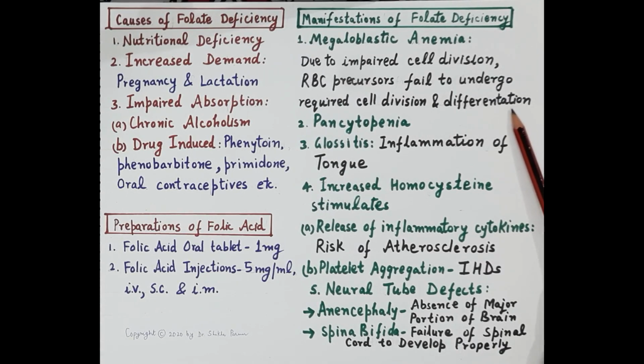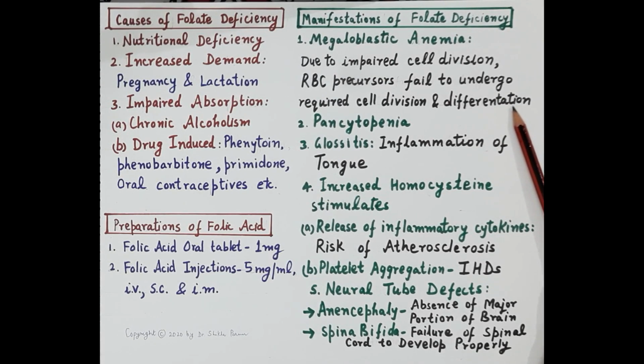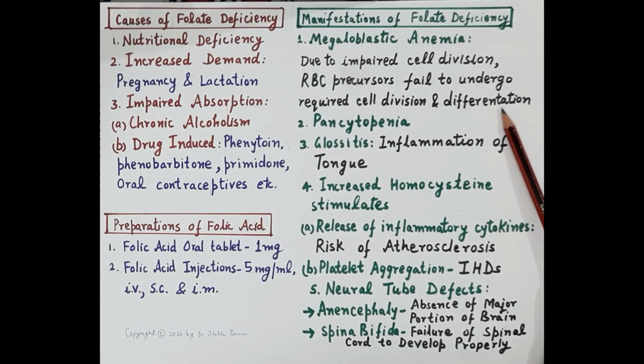Abnormal RBC precursors are produced. RBCs produced due to folic acid deficiency are larger than normal RBCs and they are immature. Because of this abnormality, they are broken down, and this reduces the total RBC count, resulting in megaloblastic anemia.